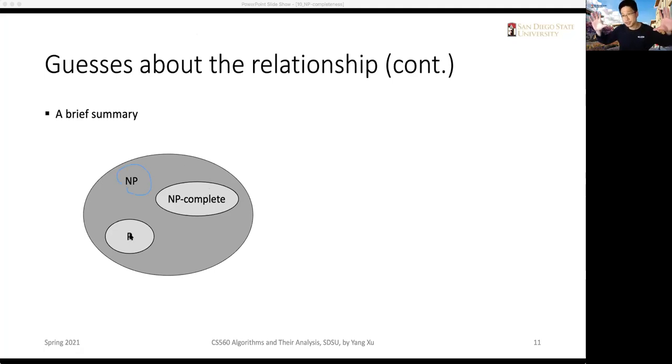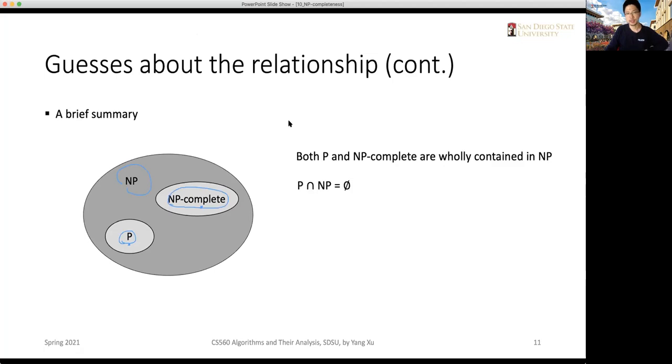Within that biggest set, there is a small set that is solvable, and there could be another small set that is not solvable. Although this is just a guess, and a common guess is that P and NP complete are wholly contained in NP.